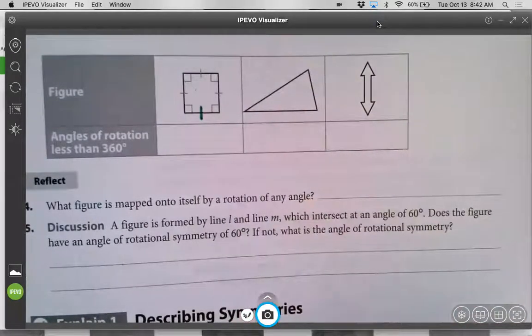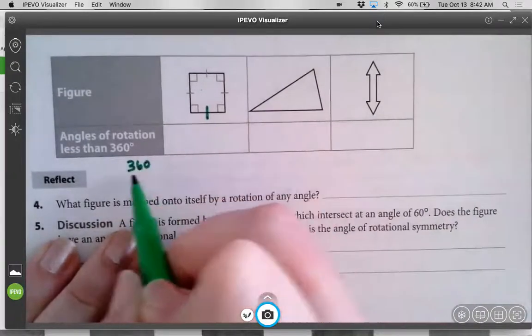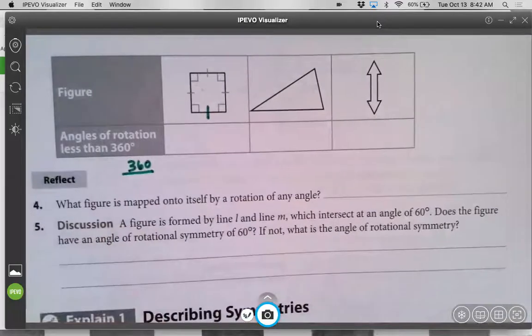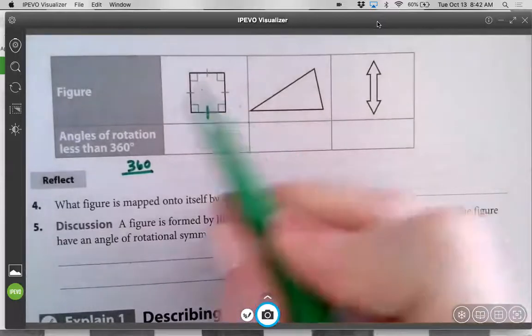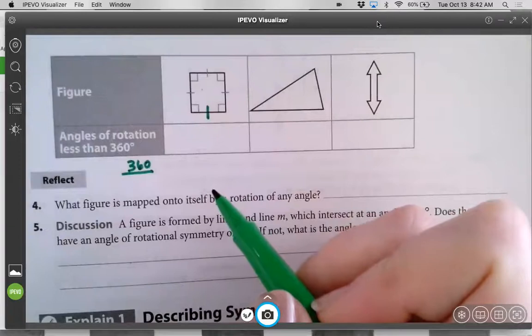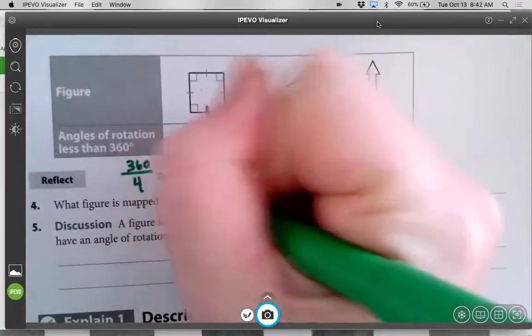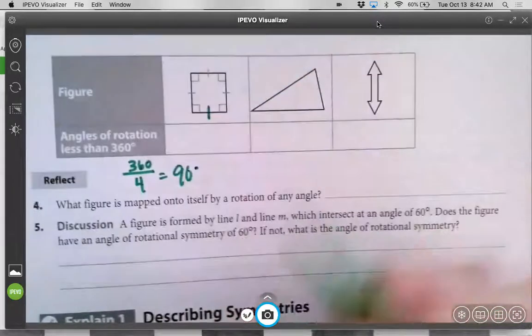So what we're asking ourselves, we're starting with 360 degrees because everything can be spun 360 degrees and look the way it started. So what we're trying to ask ourselves is, how many different matching parts do we have? I usually go by the corners. So how many different matching corners do we have on a square? 4. So 360 divided by 4 is 90.